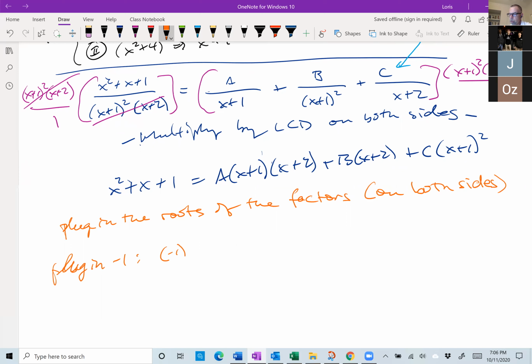I get -1 squared minus 1 plus 1 equals, now this one right here is gone, and this one will be gone because that'll be 0. So we just get the b part. This is b times -1 plus 2. And so what this ends up being is 1 equals b. Oh, so b is 1. So right away I know that b on top is a 1 on top.